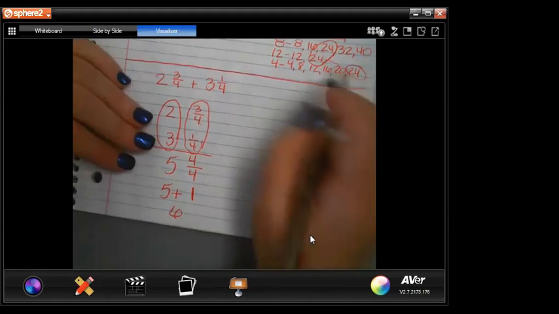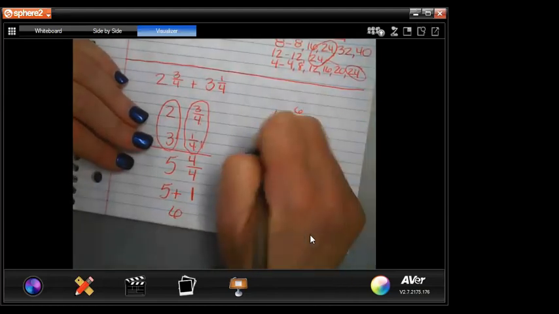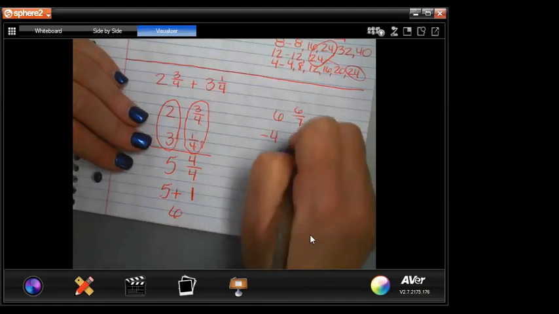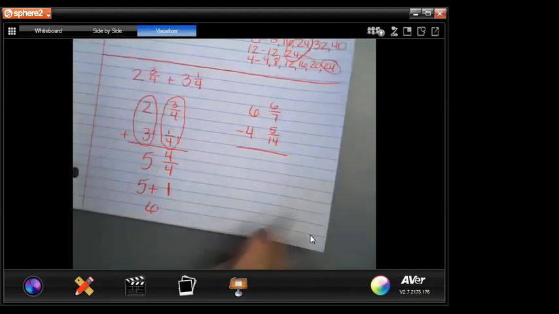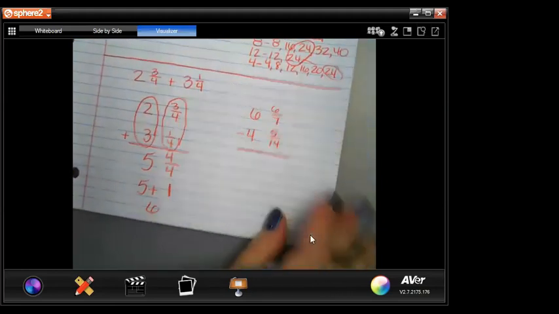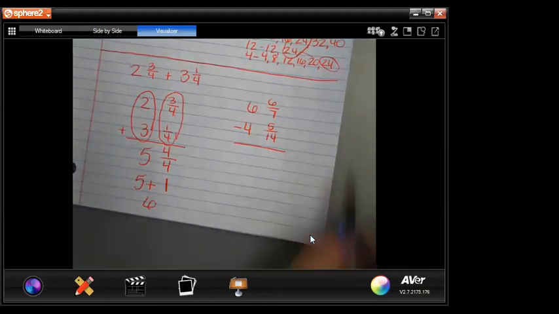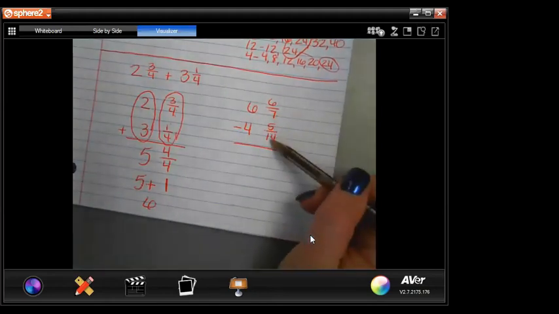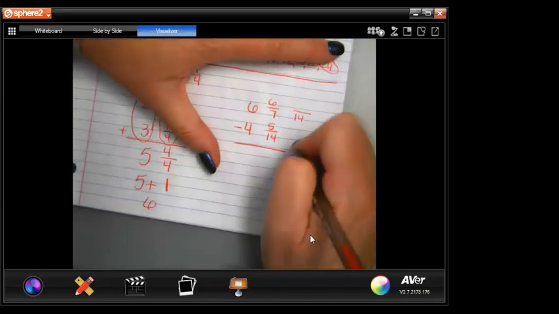Okay, look at this problem. 6 6/7 minus 4 5/14. So first step is we're going to take care of our fractions. We got to come up with the least common multiple. So the number that 7 and 14 both go into is 14.